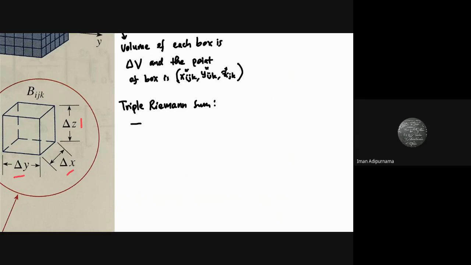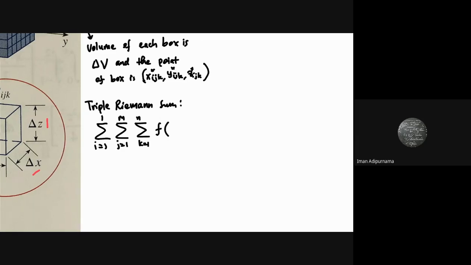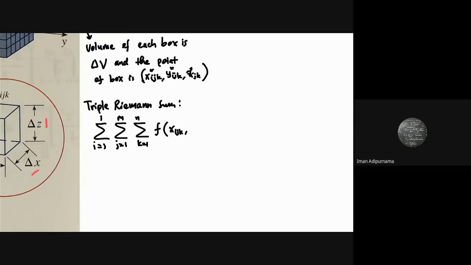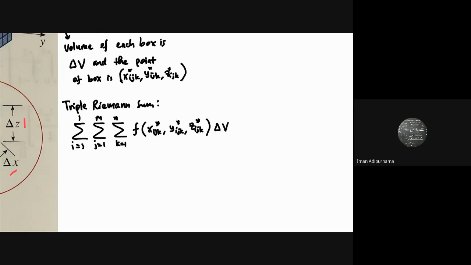Triple means 3 sigma like that, from L, M, N. And this is the function, and then delta V.